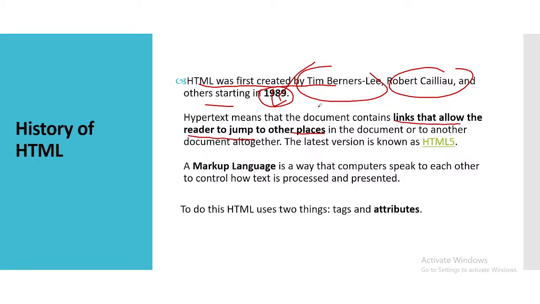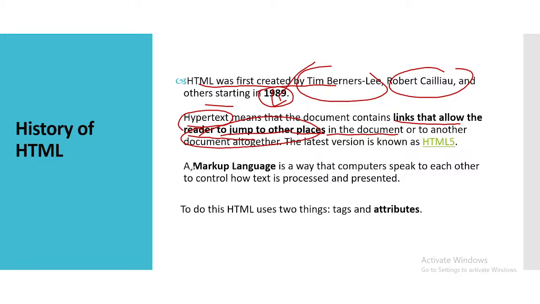So just understand the meaning of hypertext. The web page consists of some links, and when we click a particular link, it will jump to other resources, other websites or other places. So this is what hypertext means.